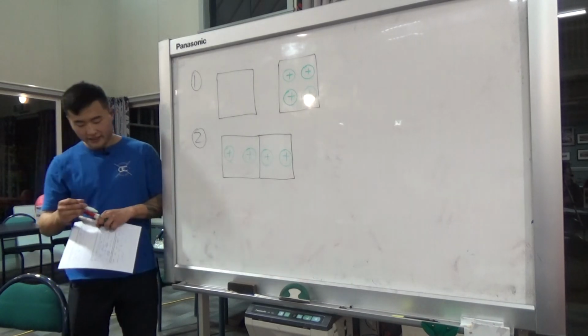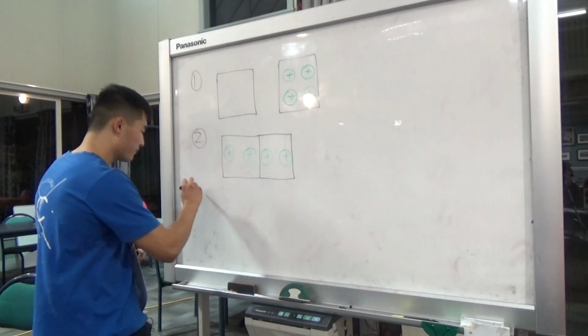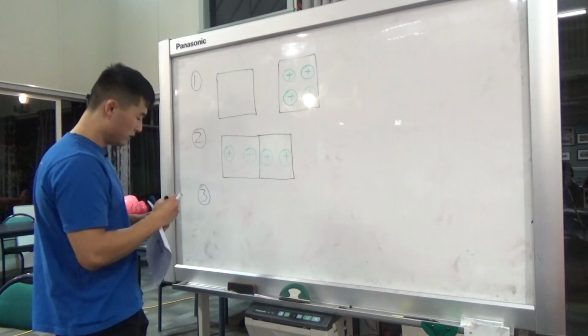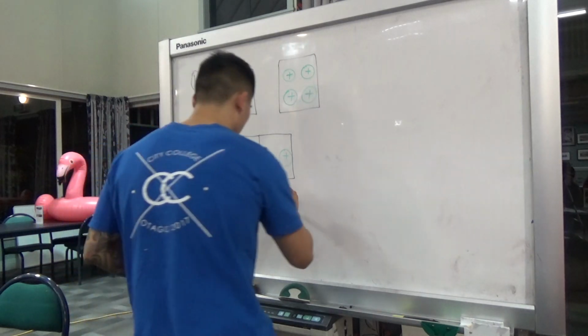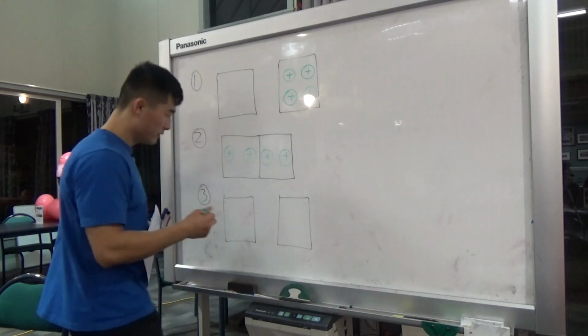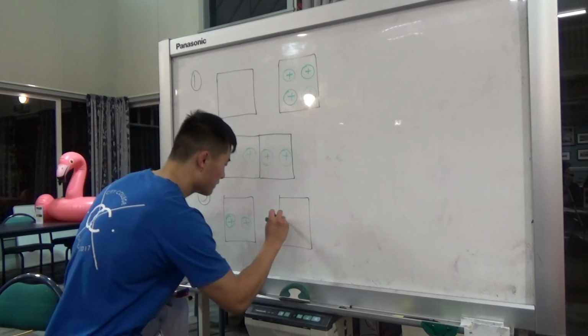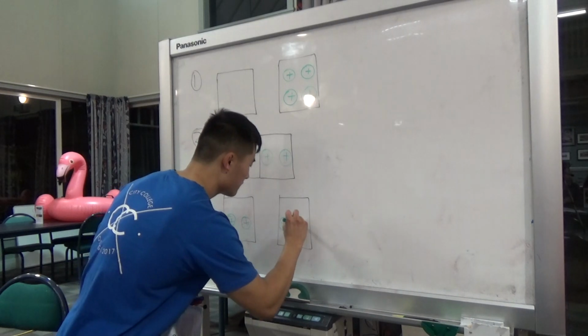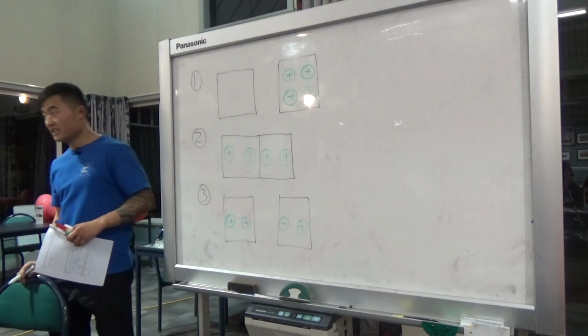Now they're spread out evenly, and when you separate them, they should both have the same amount of charge.